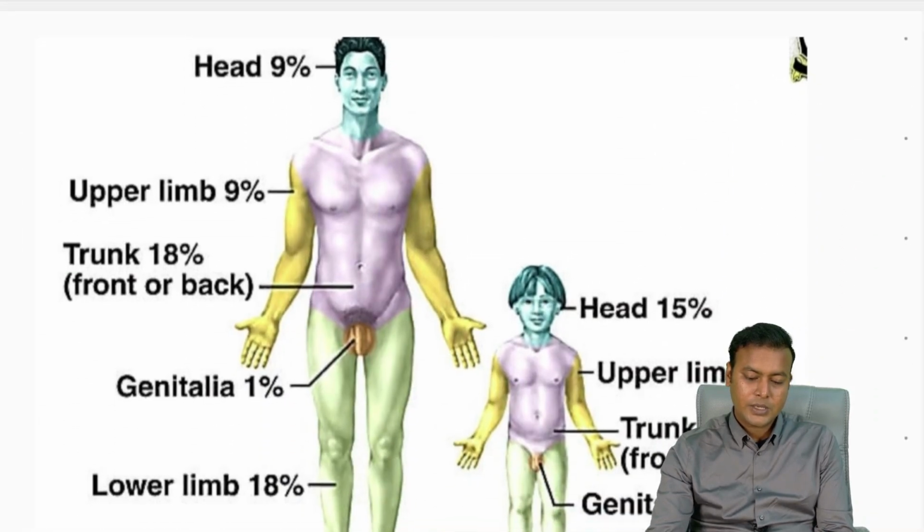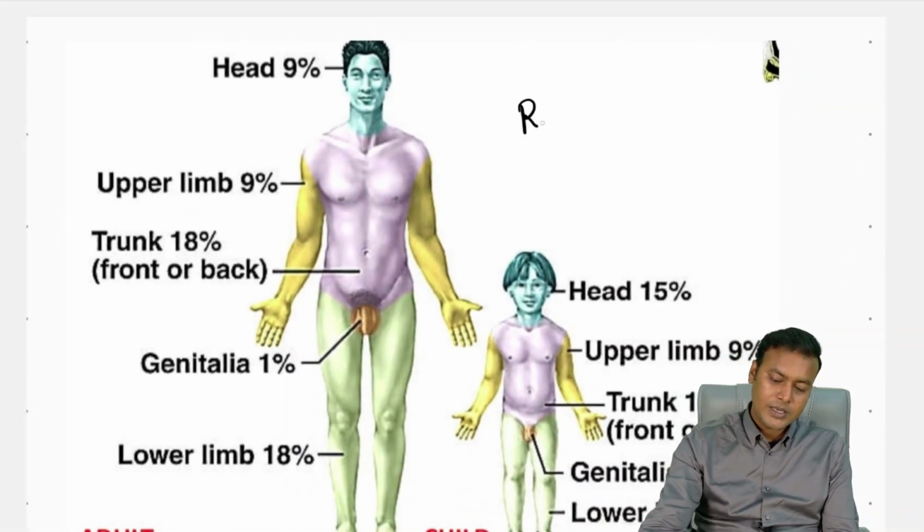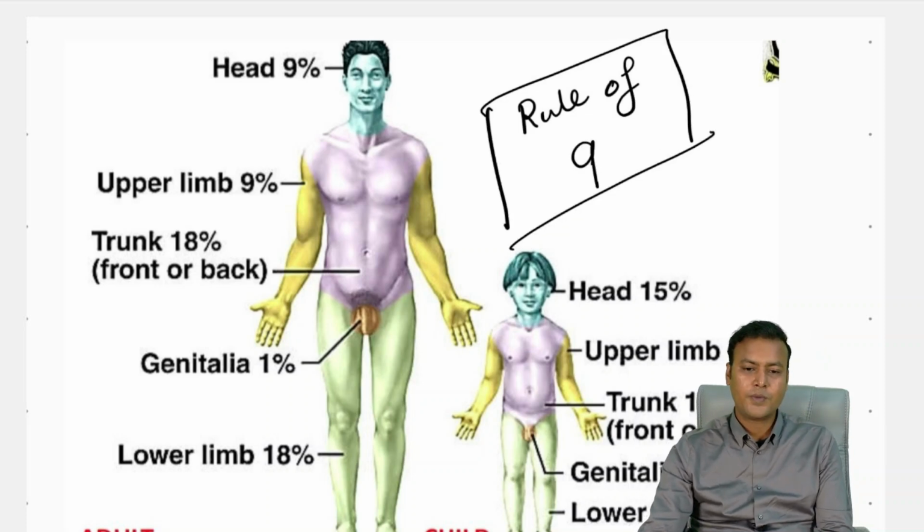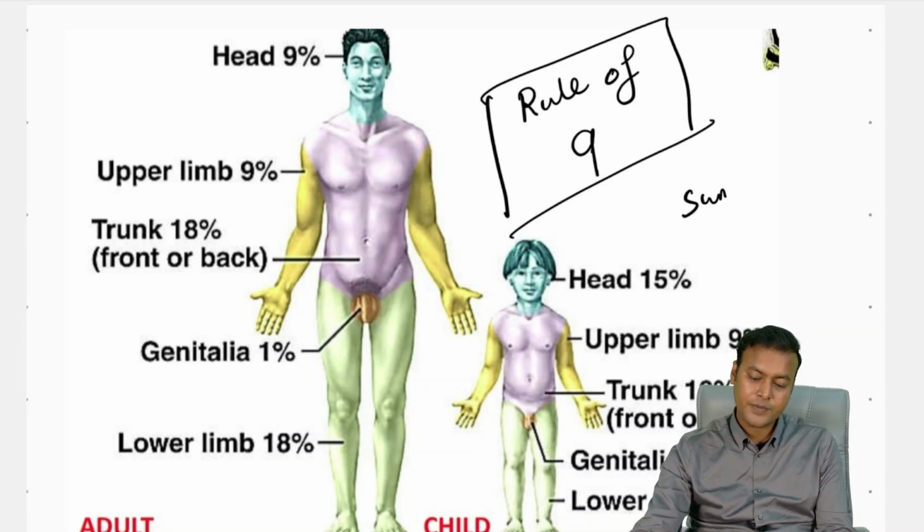Now, students, this is an image showing the rule of 9. What is this rule of 9? The rule of 9 is generally used to calculate the surface area which has been affected by burns.